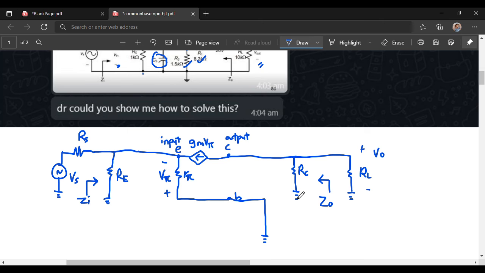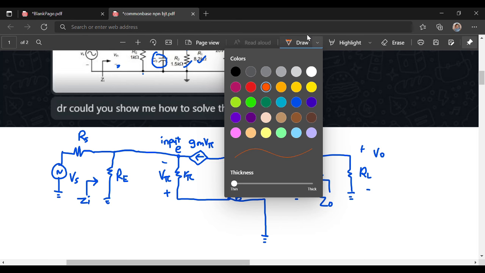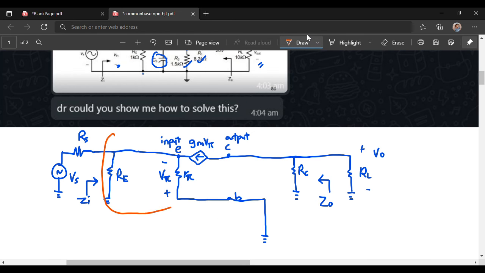Now, how to determine ZI. Here you can see ZI is parallel with R pi. Yes, we see RE with the naked eye is parallel with R pi.